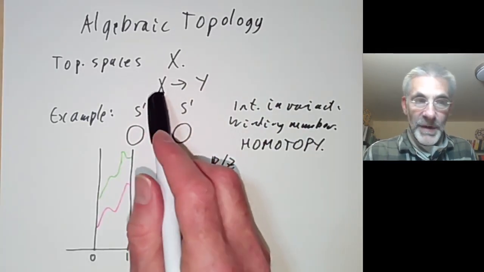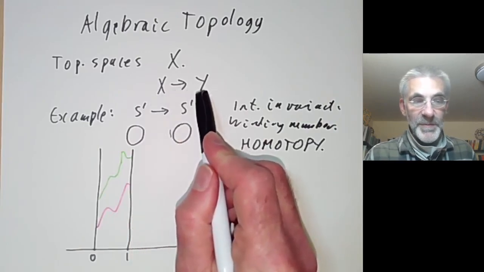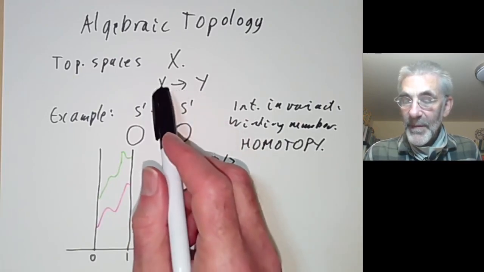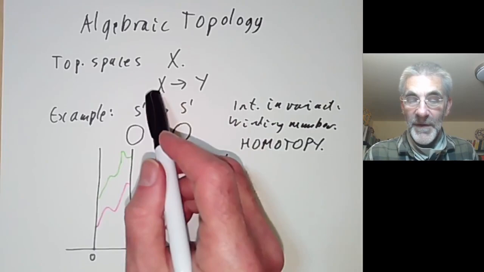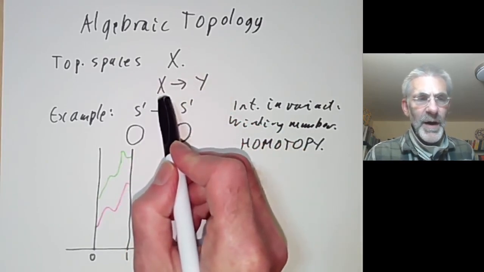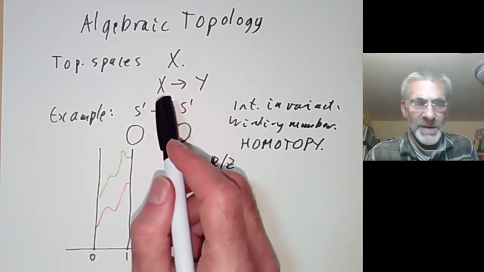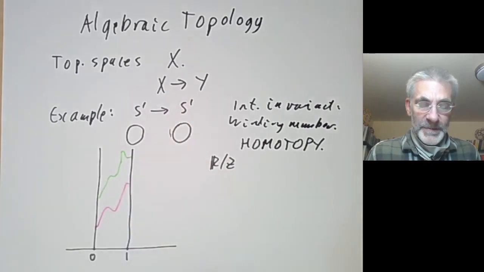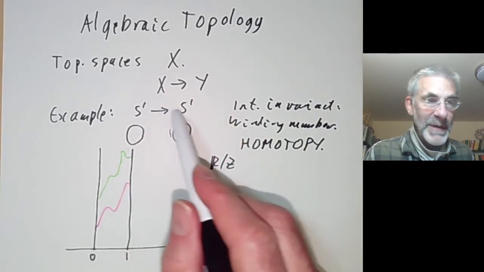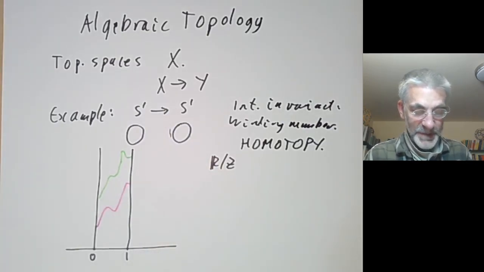We can think of all the continuous maps from X to Y as being a topological space, and then two maps from X to Y are homotopic if they're in the same component of continuous maps from X to Y. Actually, to be honest, that doesn't work terribly well because it turns out there are some tricky technical complications in defining the space of all continuous maps from X to Y in general, but we won't worry about that too much at the moment.